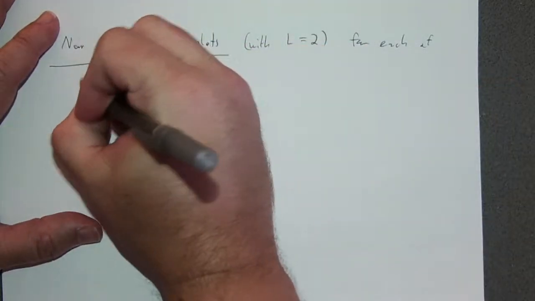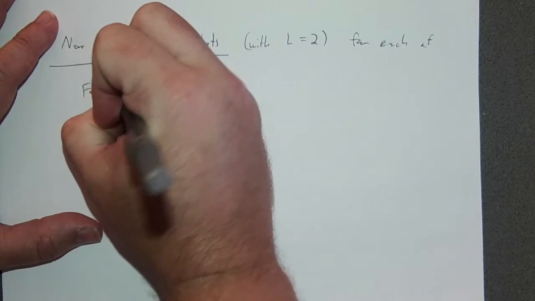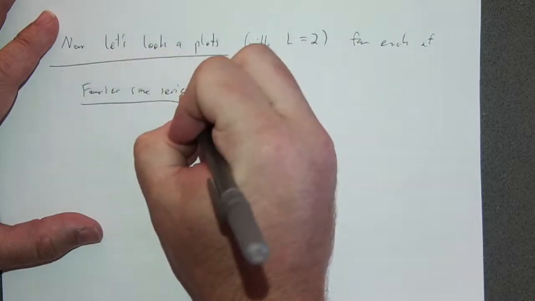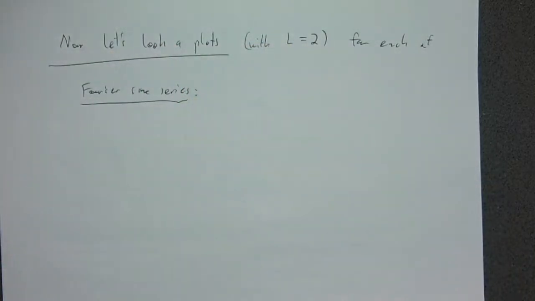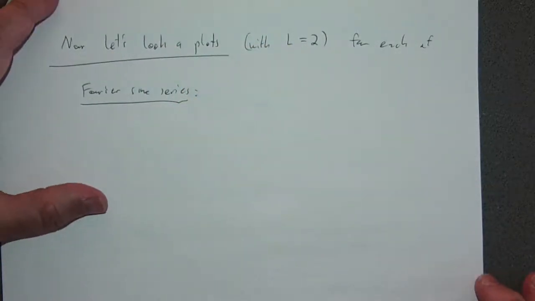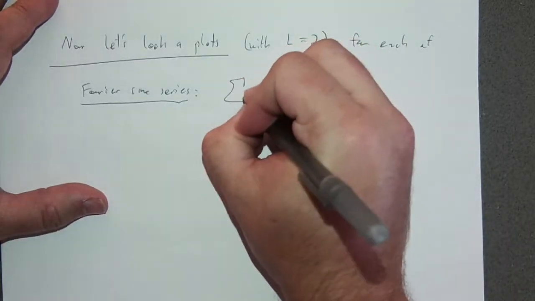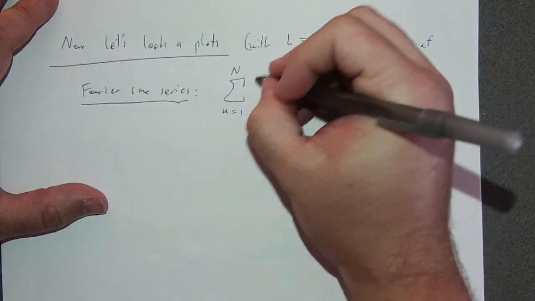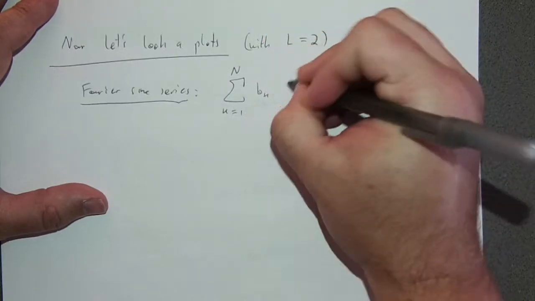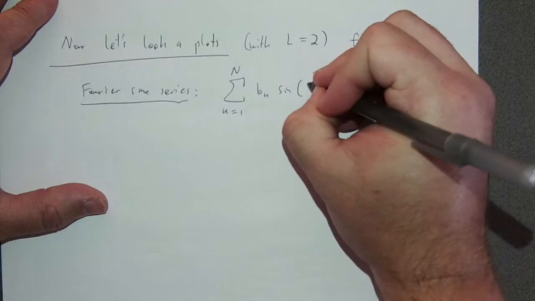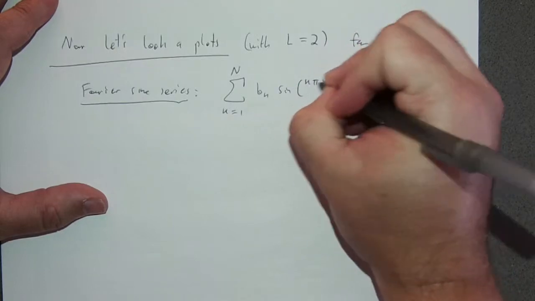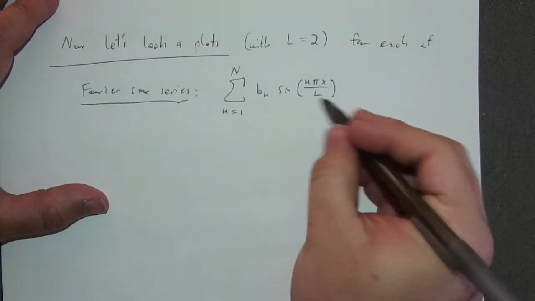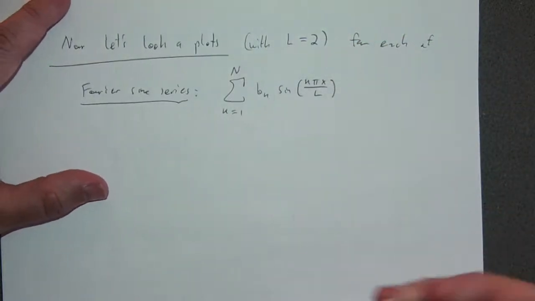When we write out the Fourier sine series and we're talking about plots, really how we want to do this is to plot a bunch of partial sums. So if we choose L equals 2, whatever, I'm just going to write it like this anyway.